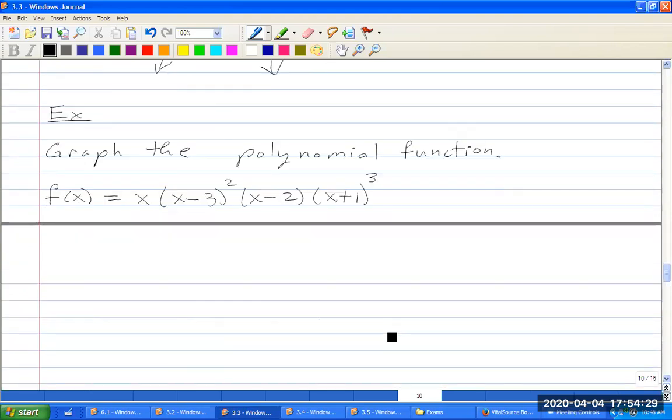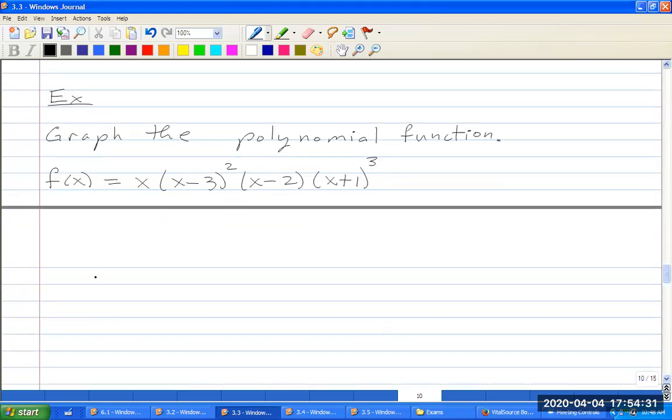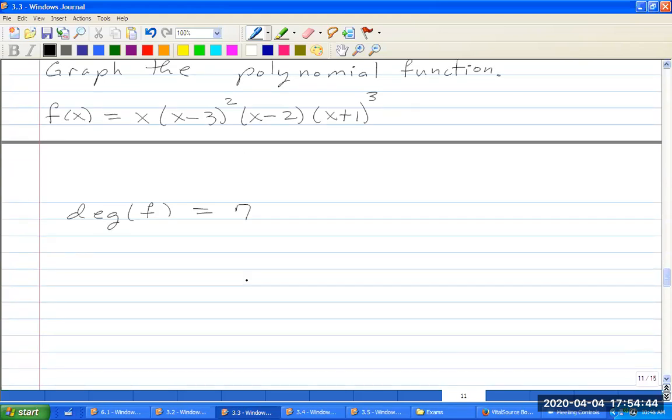The degree of this polynomial, well, 1 plus 2 plus 1 plus 3 is 7, which is an odd number. So this has odd degree.